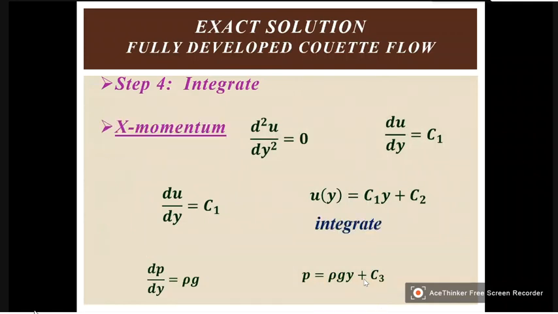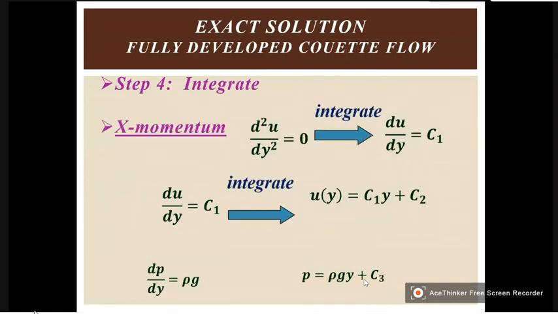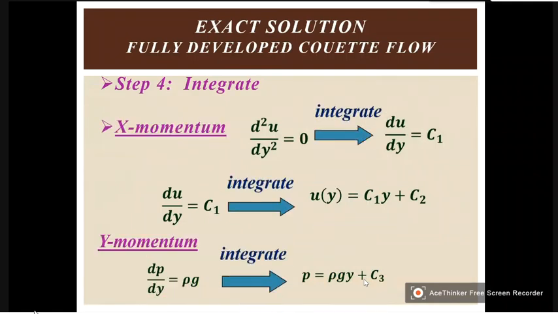Now, the fourth step is integration. So what is it that we got? We got d square u by dy square. Actually, we got the partial derivative.